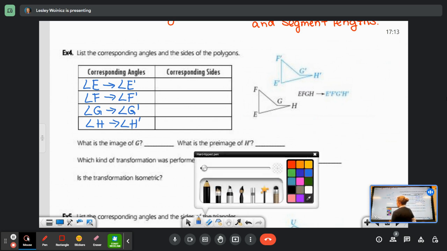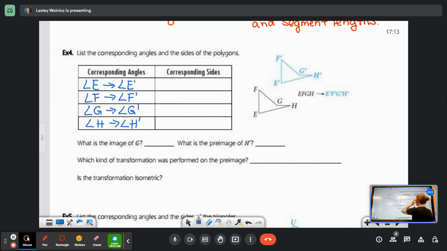Corresponding sides, just like we did with the triangles. Let's start with segment EF and work our way around. Segment EF, that's this one. You can see that it has to map to segment E prime, F prime. Then we go to segment FG, which maps to segment F prime, G prime.